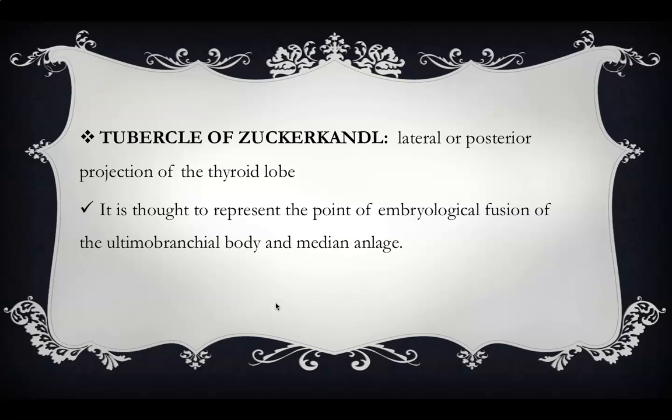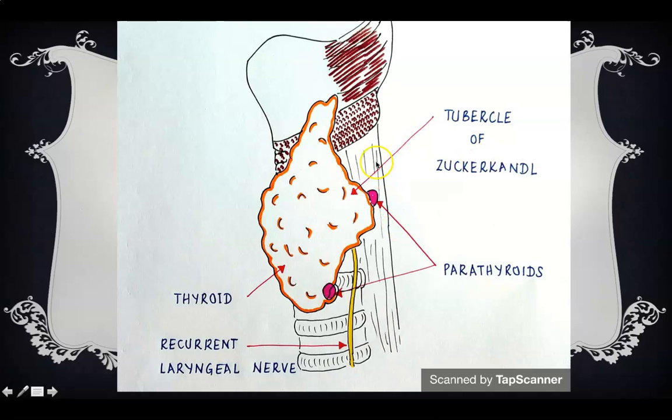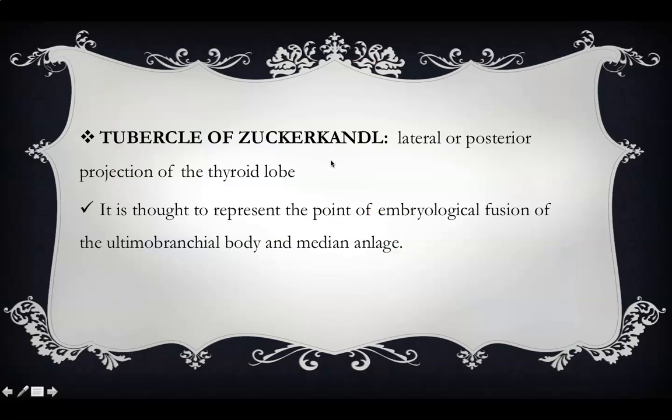Now there is one more variant called the tubercle of Zuckerkandl, and this is a lateral or posterior projection of the thyroid lobe. So this is your tubercle of Zuckerkandl here. These are your parathyroids, this is the thyroid gland, and this is your recurrent laryngeal nerve. So this is a lateral and posterior protrusion of the thyroid gland.